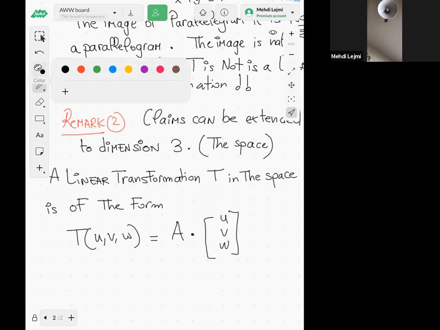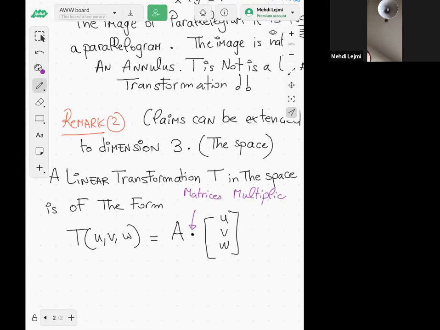Again, this dot here is a multiplication between matrices, right? So we're going to have capital A, where A is a 3 by 3 matrix. That would be nine entries: A, B, C, D, E, F, G, H, I. So that's your 3 by 3 matrix, right?